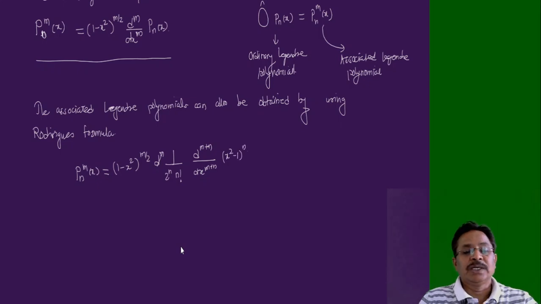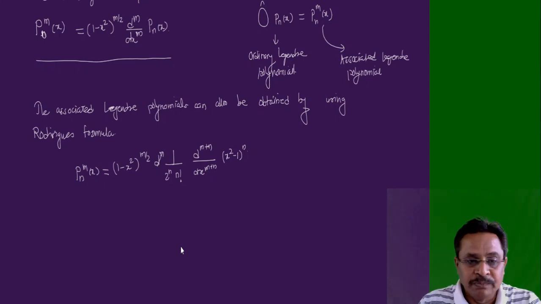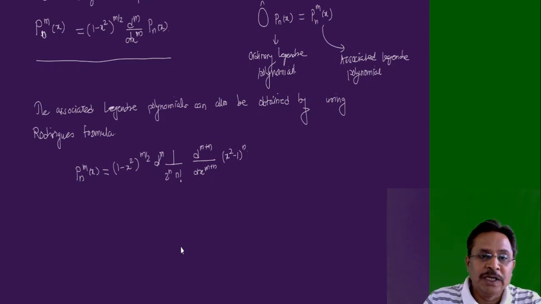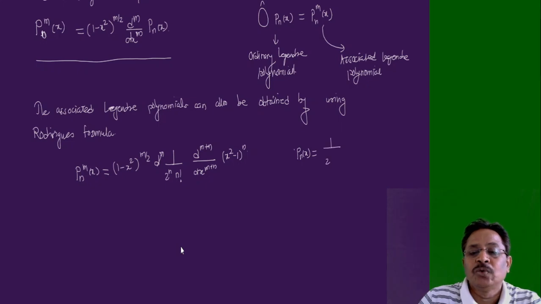Now try to understand the difference between the Rodrigues formula for the ordinary Legendre polynomial and the Rodrigues formula for the associated Legendre polynomial. For comparison, the Rodrigues formula for Pn of x is given by 1 upon 2 raised to n into n factorial, multiplied by d raised to n upon dx raised to n of (x squared minus 1) raised to n.